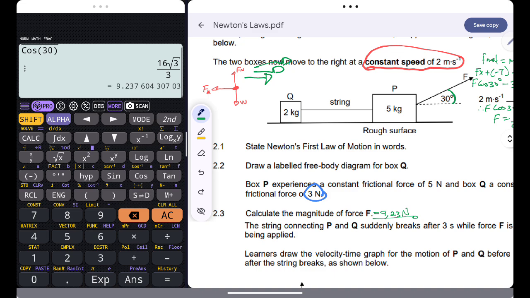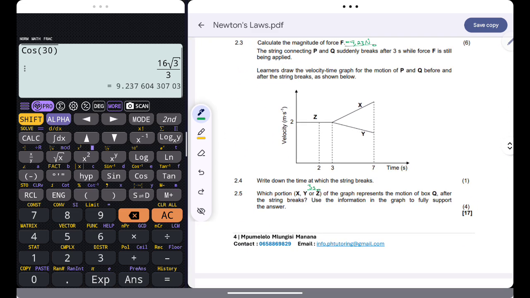Are you together? So which of the two graphs will represent body Q? We can see that after 3 seconds, graph Y, this portion over here, represents the motion of Q. Why? Because its velocity will decrease, because it only has a force which opposes its motion. Yes, body Q will continue moving towards the right due to inertia.